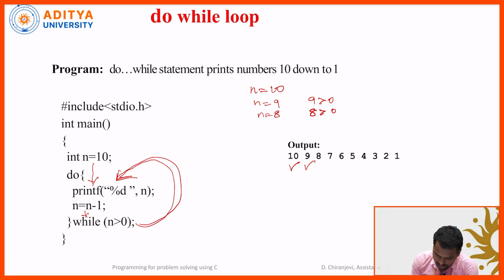Now it is printing the n value, currently 8, so 8 is printed. Similarly it prints all these values while n is greater than 0. Then after printing 1, n will update, so n value became 0. Now you check the condition 0 greater than 0, false. If it is false, control will be transferred downwards. So execution is over, so it will terminate.